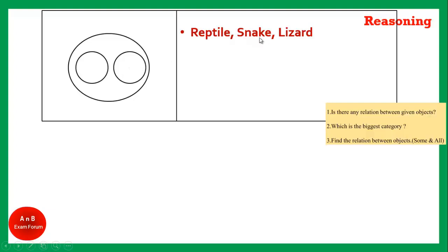But no snake can be a lizard, and no lizard can be a snake, so there is no overlapping section between these two. I hope you are getting my point.